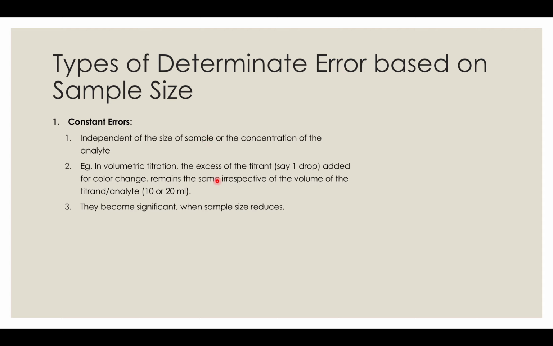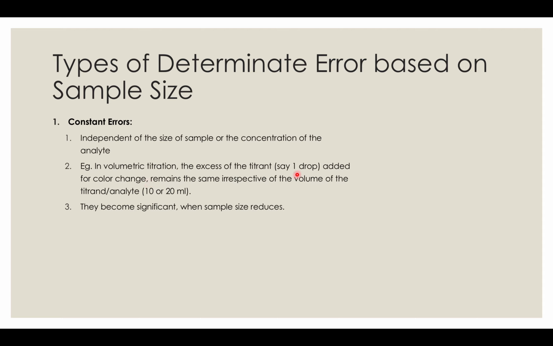These kinds of errors become significant when the sample size is small. Suppose the volume of the one drop that you are adding is 0.01 ml. If you calculate the percentage error in 10 ml and in 20 ml, the error in the 10 ml would be a little bit higher.